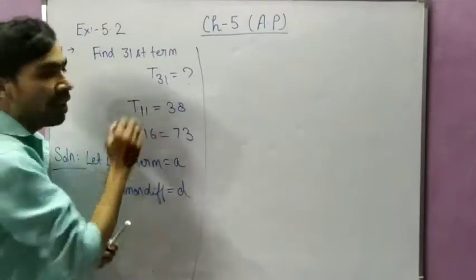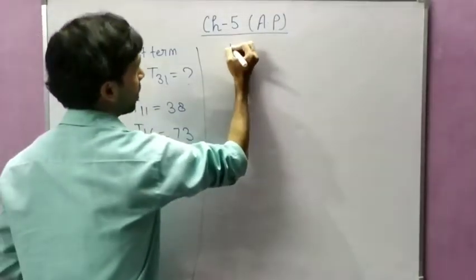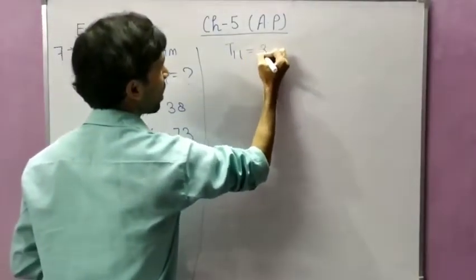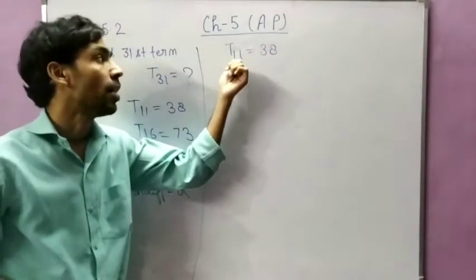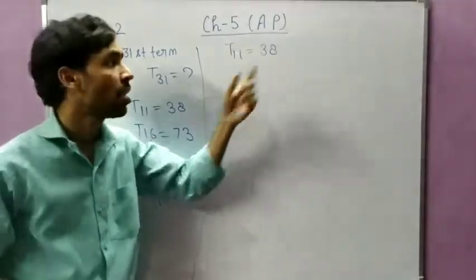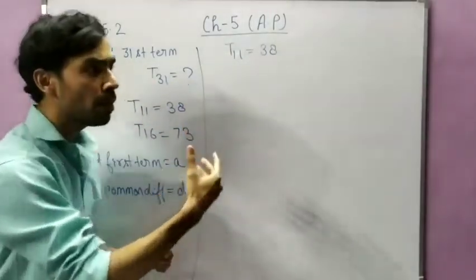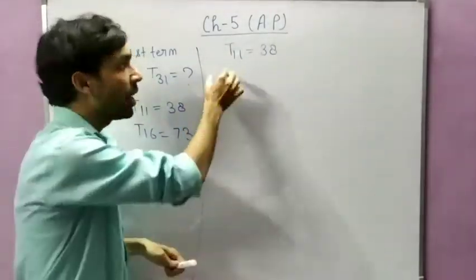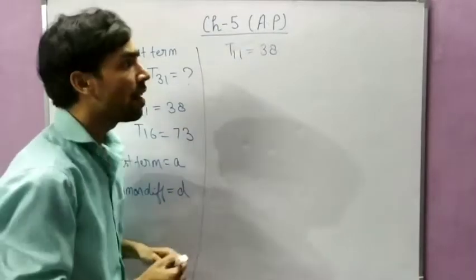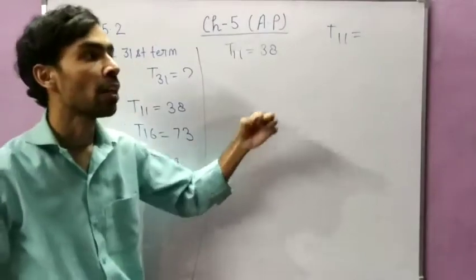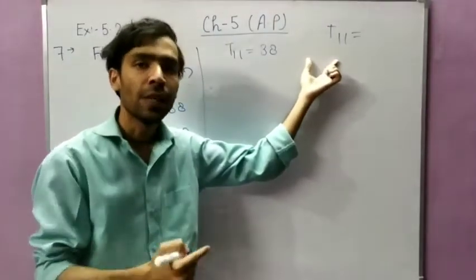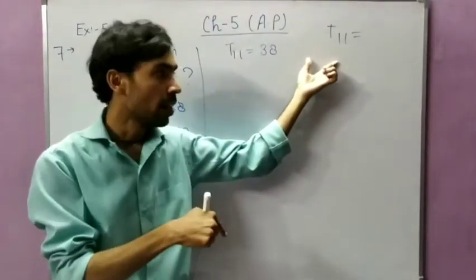Now the 11th term is given as 38. T11 is given as 38. When I have to write the 11th term, what is its value, students? I told you, when you have to calculate any term, you add one less than n times D to the first term.